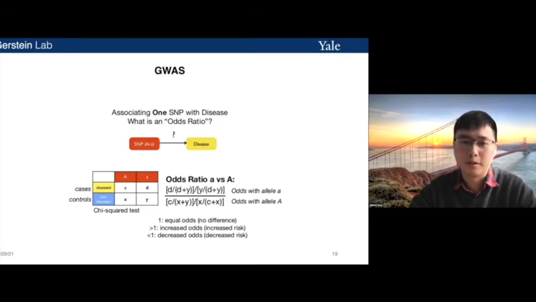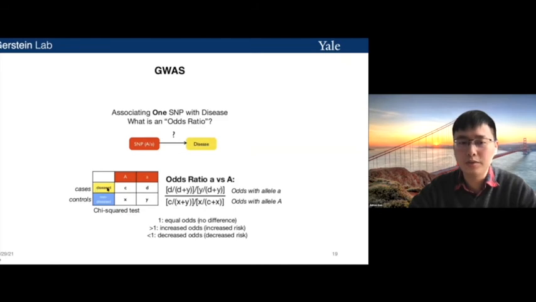But there's another type of trait, for example, disease, whether you have the disease or not. These are binary values, so you could not just apply linear regression on binary values. What they usually do here is use a case-control cohort, and they calculate the SNP, or sorry, the allele frequency in these two different groups.